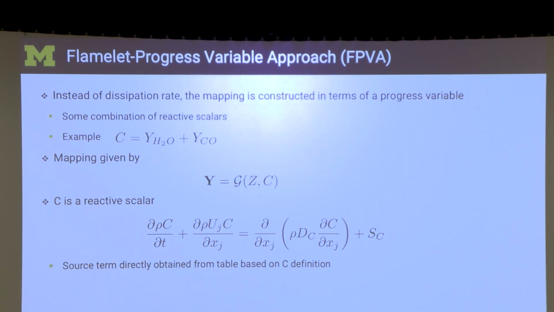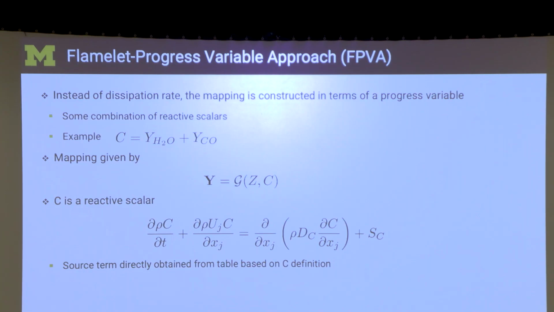So now because you have constructed all of the reaction variables, you can find that source term exactly. You don't need to do any approximations. You can directly back it out from the manifold itself. So that S of C can be obtained directly from the solution. You don't need to model it explicitly. So this is the main advantage here.